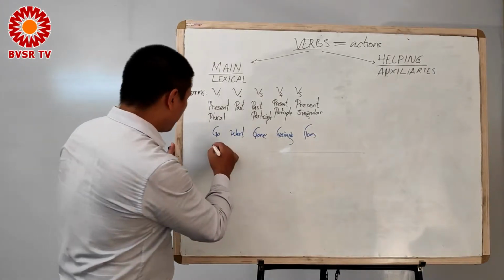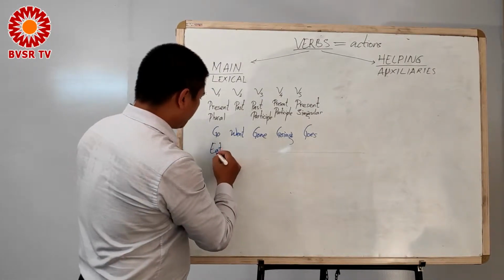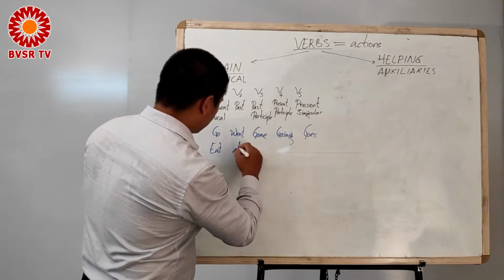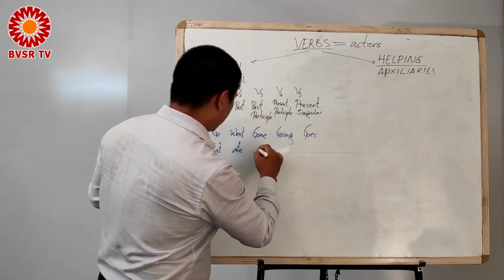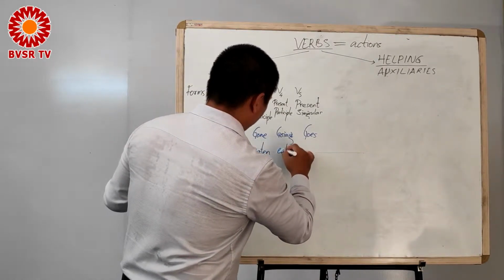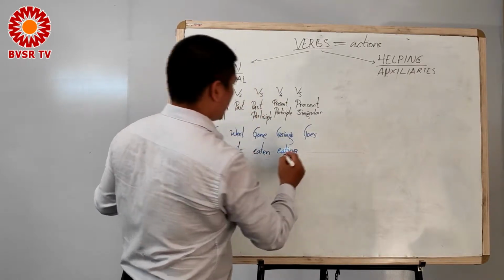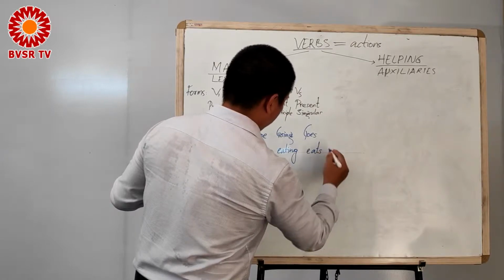I'll give you one more example. For example, eat. It is present plural, and ate is the past tense, and eaten is V3, and eating is V4, and eats is used as present singular.